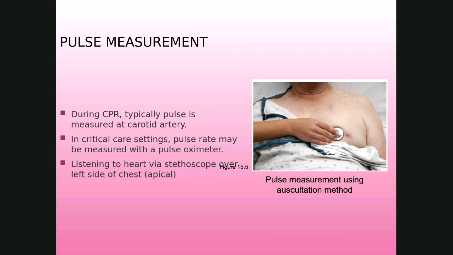In critical care settings, pulse rates can be measured with a pulse oximeter, which is found on page 171. In figure 15.7, you can see where they put that little, almost like a clothespin, on your finger, and it measures your pulse rate. You also can do the pulse rate by listening to the heart through a stethoscope over the left side of the chest, and that is called an apical pulse, where you literally listen and count the heartbeats through a stethoscope.